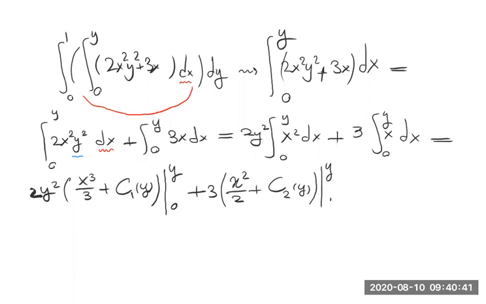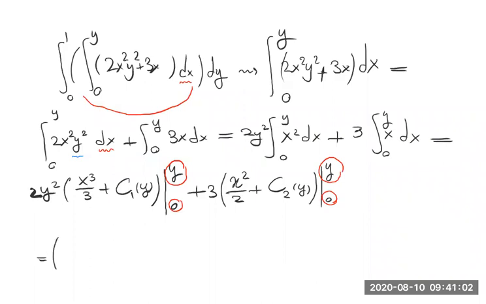Again, we should plug in y and 0 here. Again, remember that these numbers, y and 0, are values for x. We are taking the integral in terms of x. So these numbers are values for x. So let's plug them in.